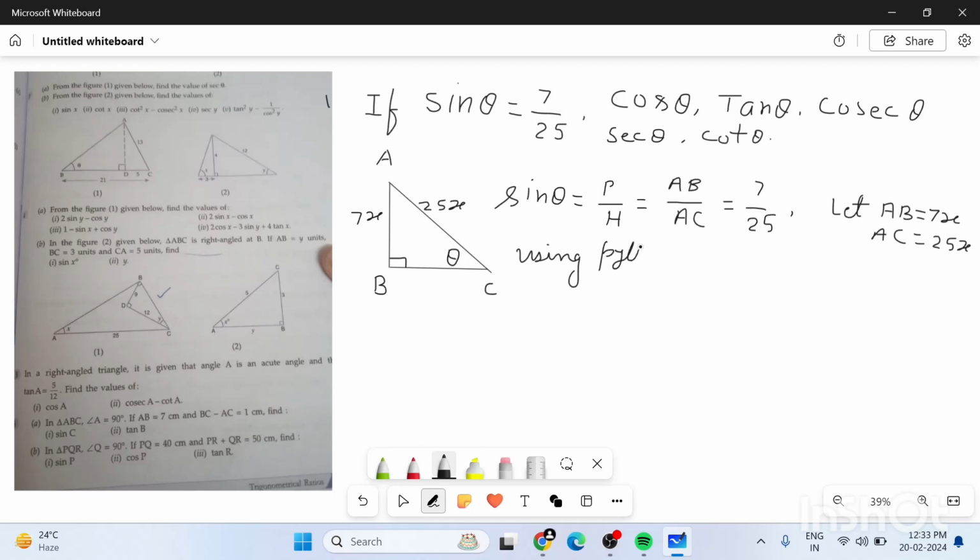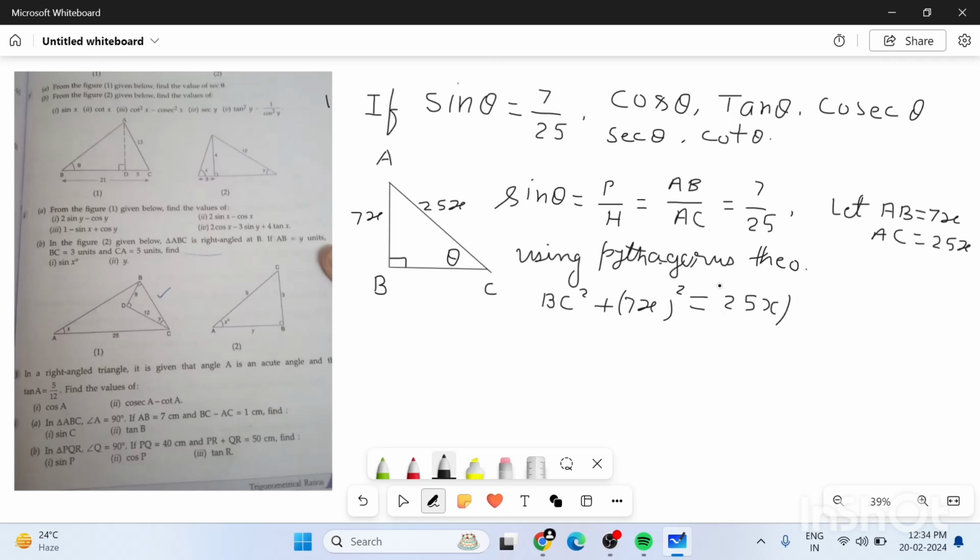Now applying Pythagoras theorem to this triangle. तो Pythagoras theorem क्या है स्टूडेंट्स? इसमें क्या होता है, जो अपोजिट साइड है और एडजेसेंट साइड्स हैं, तो यहाँ पर ये एडजेसेंट साइड BC स्क्वायर है और अपोजिट साइड 7x है, इसका होल स्क्वायर इज इक्वल टू hypotenuse square.